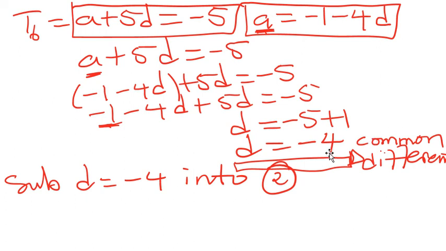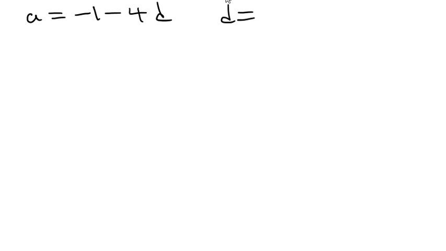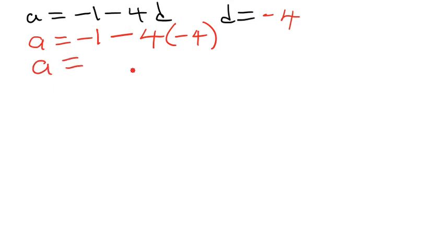You can see that's the one there. So we will say a is equal to minus 1 minus 4, and then we open the bracket, minus 4d.